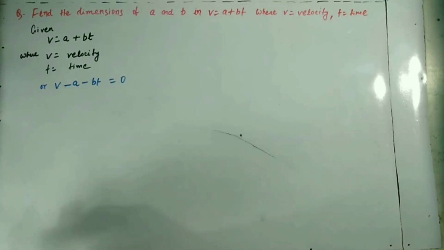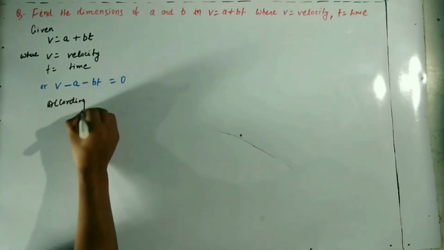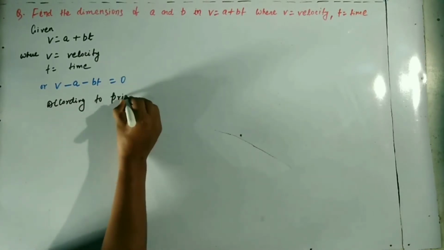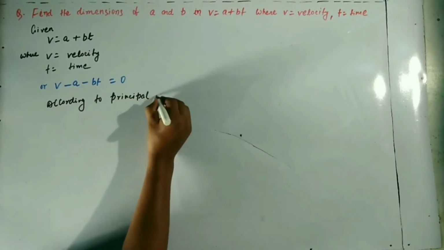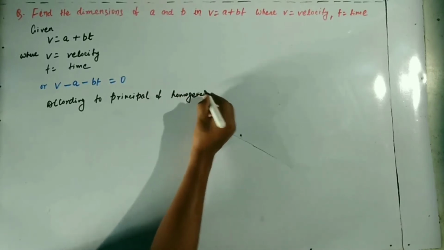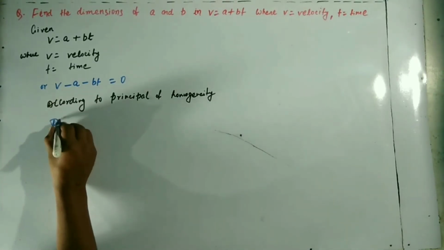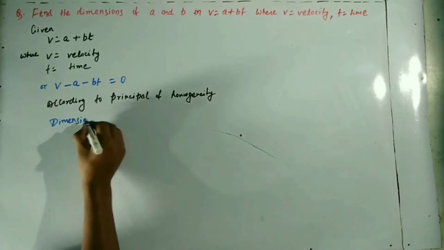So we can write the equation as V minus A minus Bt equals 0, and according to the principle of homogeneity, we equate the terms of the equation. The principle of homogeneity we already discussed in the last video, so you can see that.